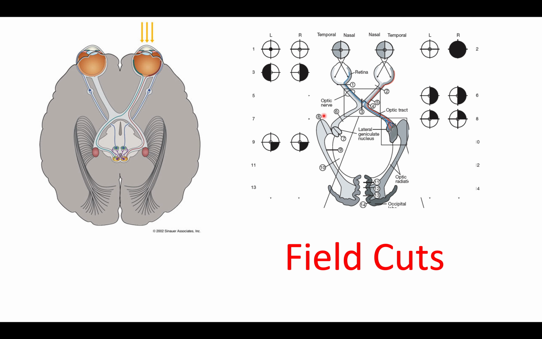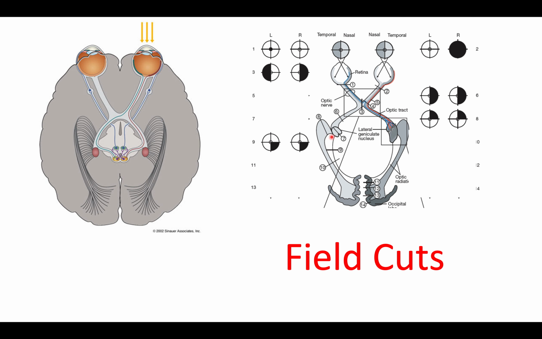And in the sixth, which is in the optic tract, we have the right temporal and the left nasal pathway affected, so we call it right homonymous hemianopia, right?